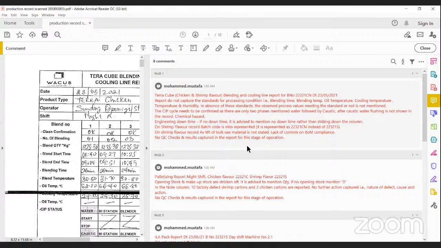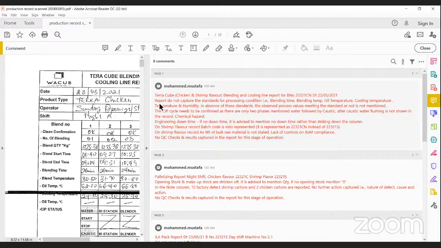So for the production department, when we were looking at the record, that is the teriyaki chicken and meat flavor blending and cooling line reports for batch number 22321 CN dated 23/5/2021, we discovered that the report did not capture the standard for processing conditions.